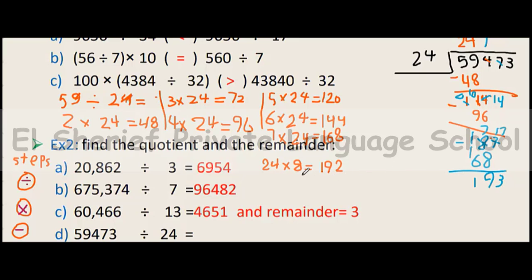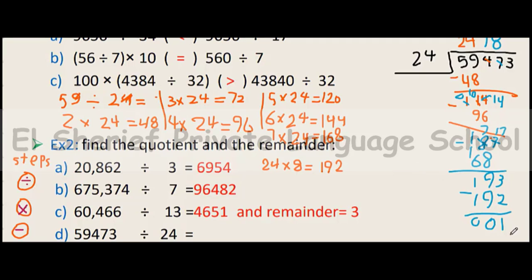It is 192. 8 times 24 equal 192. Minus: 3 minus 2 equal 1, and 9 minus 9 equals 0, and 1 minus 1 equals 0.